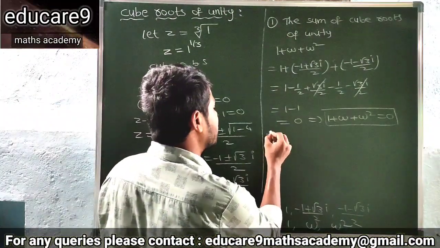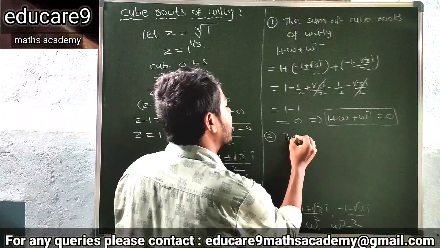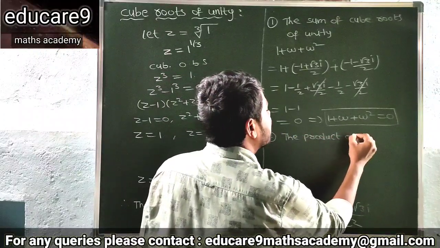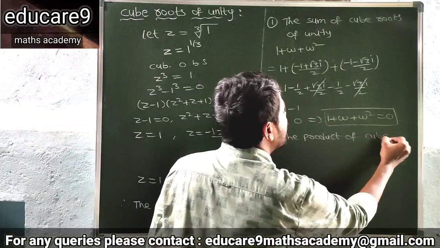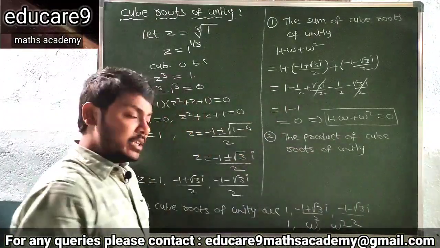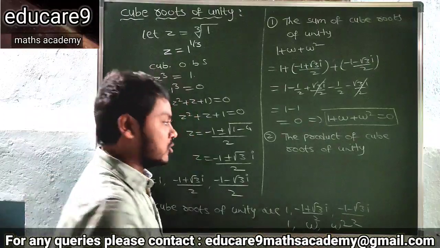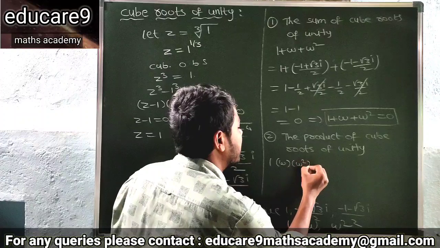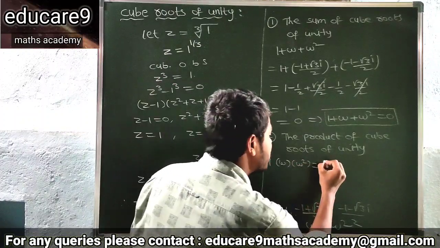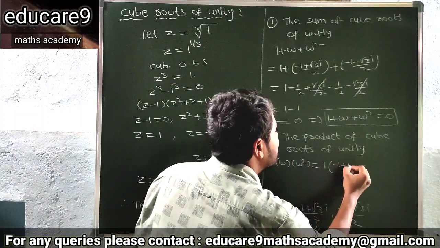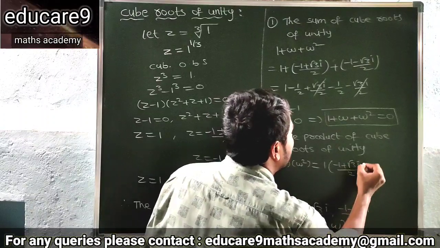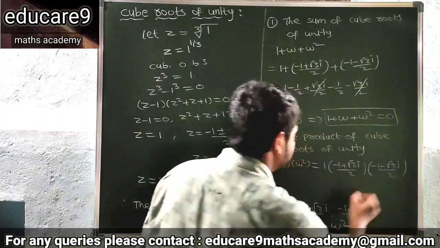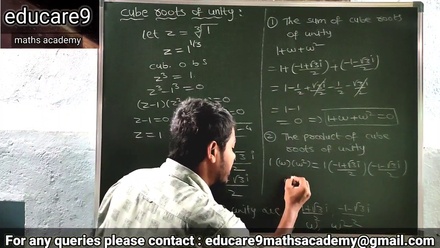And the second condition, the product of cube roots of unity. So clearly that is 1 into omega into omega square. That is 1 into minus 1 plus root 3i by 2 into minus 1 minus root 3i by 2. So clearly this is omega cube.